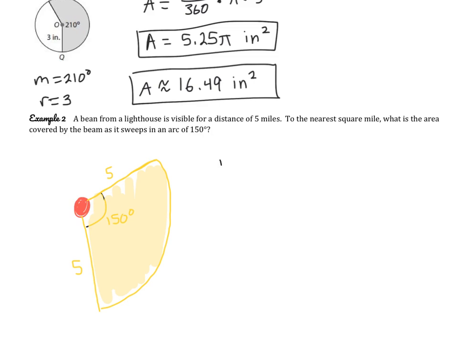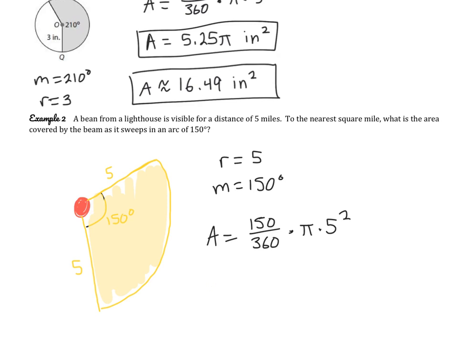So here we can see our radius is 5, our central angle is 150, and we have everything we need for our formula. So we simply do m divided by 360 times pi times our radius squared. So here we're going to plug in everything, including the pi, and we're going to get an approximation to the nearest square mile.